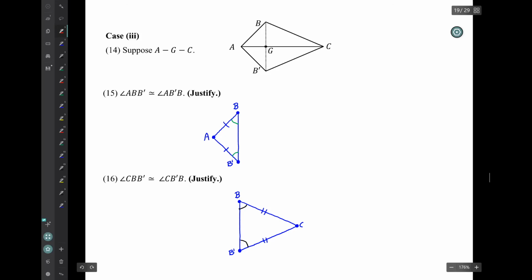Statement 15 says that angle ABB prime is congruent to angle AB prime B. So these 2 angles marked in green are congruent. You'll justify that in homework. Statement 16 says that angle CBB prime is congruent to angle CB prime B. These 2 angles marked in black.